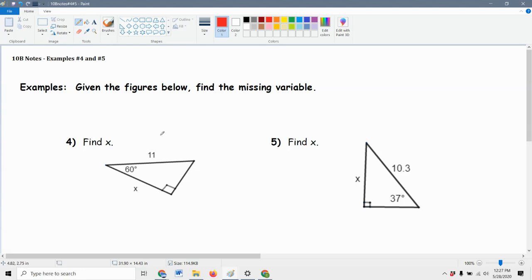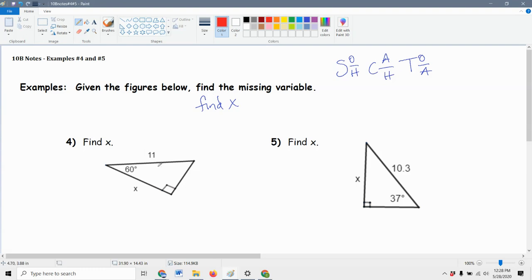So just like we have done on other trig problems, we're going to just start by writing out our SOHCAHTOA, and identifying what it is that we need to find. So we need to find x, okay, for all of these. And of course, now we'll go to our triangles and we'll label them.